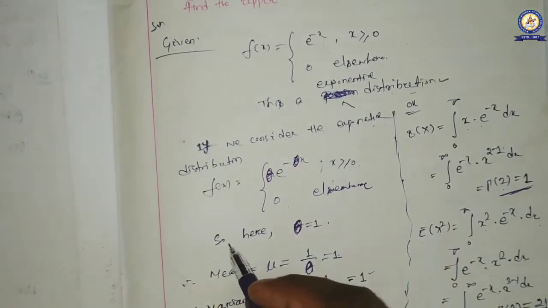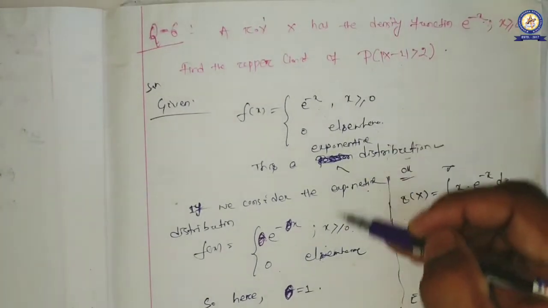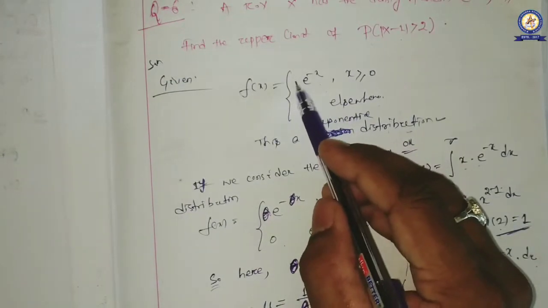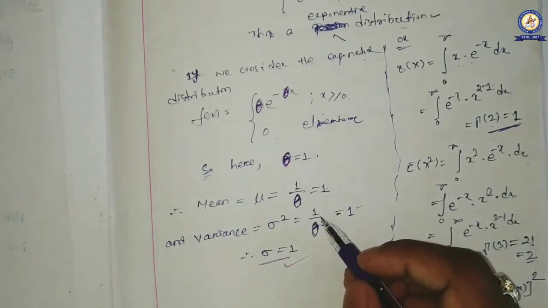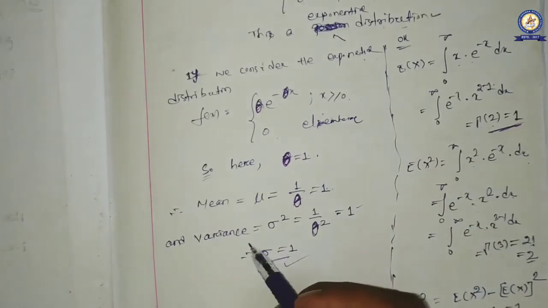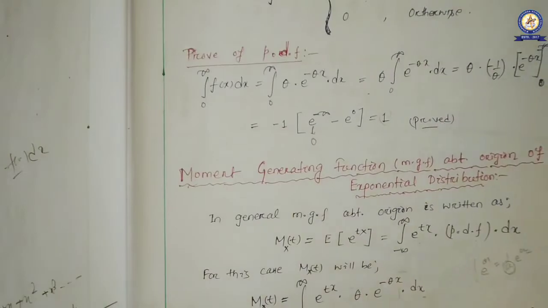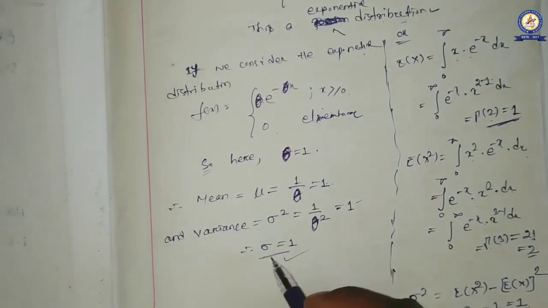For this case, if I compare this and this, theta will be equal to the coefficient, which is 1. Hence the mean will be 1 by theta, which equals 1, and the variance for the exponential distribution is 1 by theta square, which is 1. So hence standard deviation sigma will be 1.